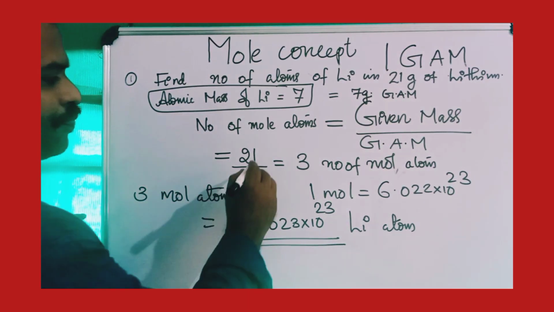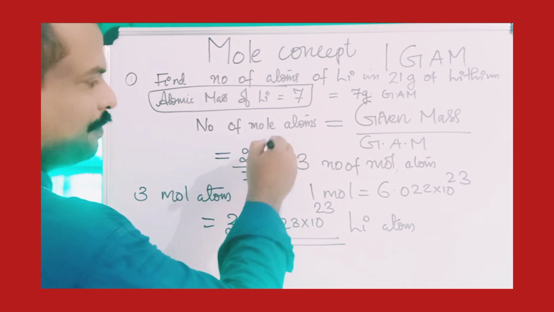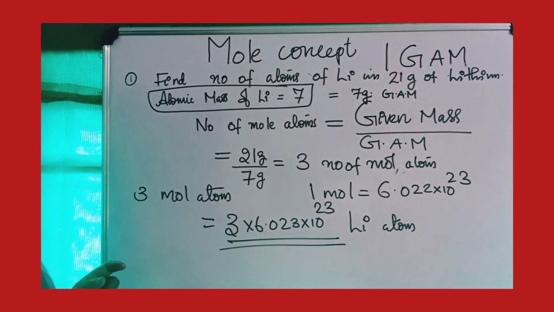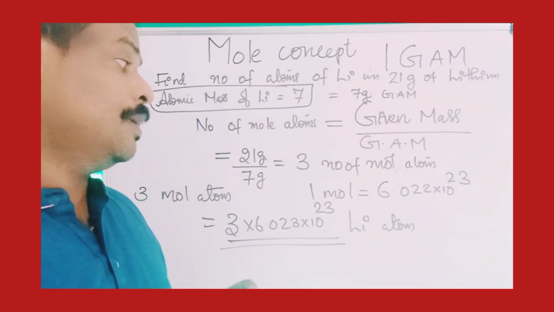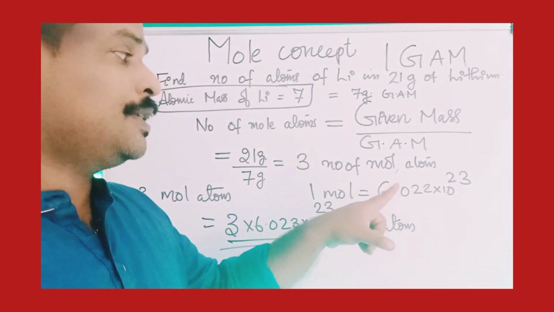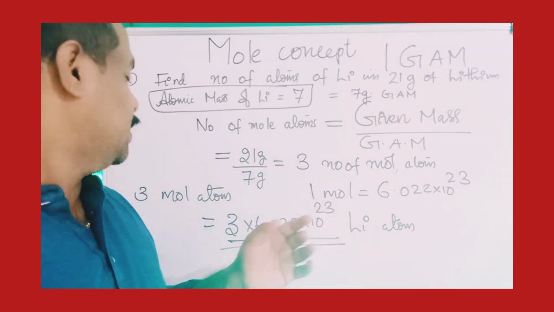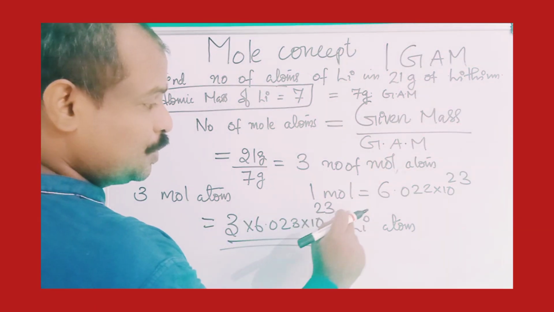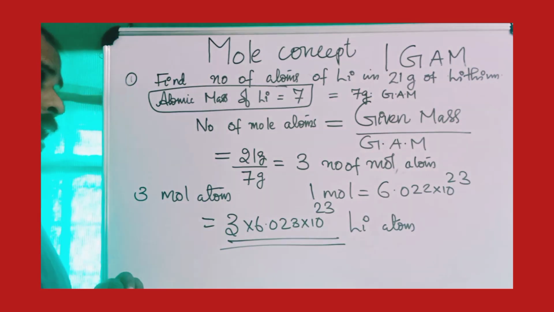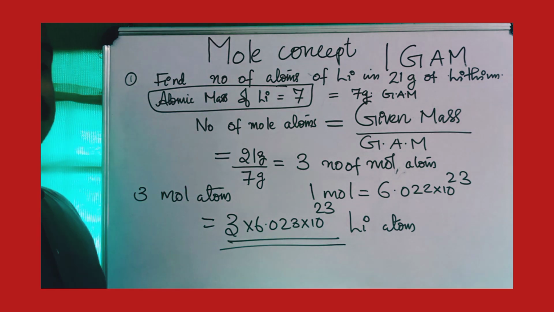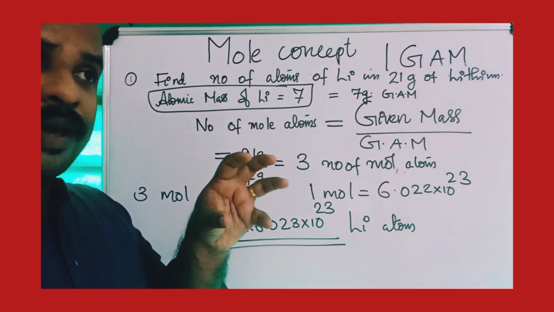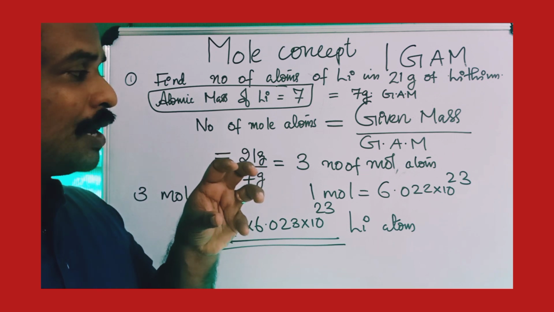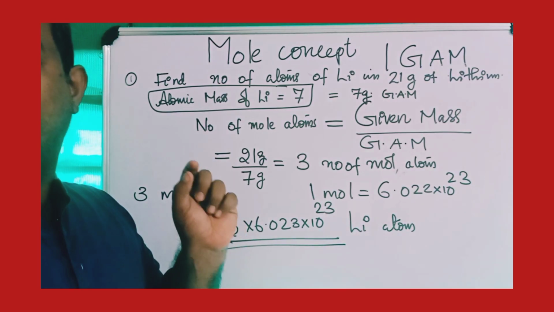So we got 21 divided by 7, which is 3 moles of atoms. 1 mole is equal to 6.022 into 10 raised to 23, so 3 moles of atoms means 3 into 6.022 into 10 raised to 23 lithium atoms. That's the equation and the problem explanation to calculate the number of mole atoms.